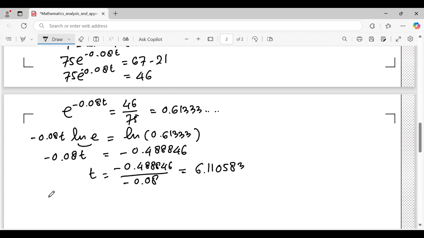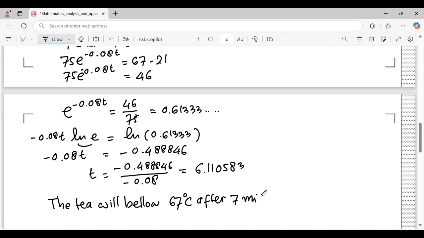Okay. So the least possible value of k is 7 minutes. The conclusion is the tea will be below 67 degrees Celsius after 7 minutes.